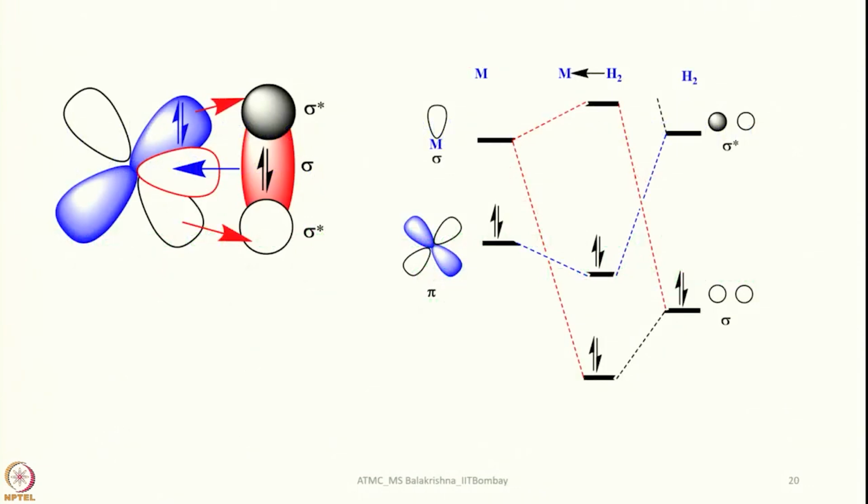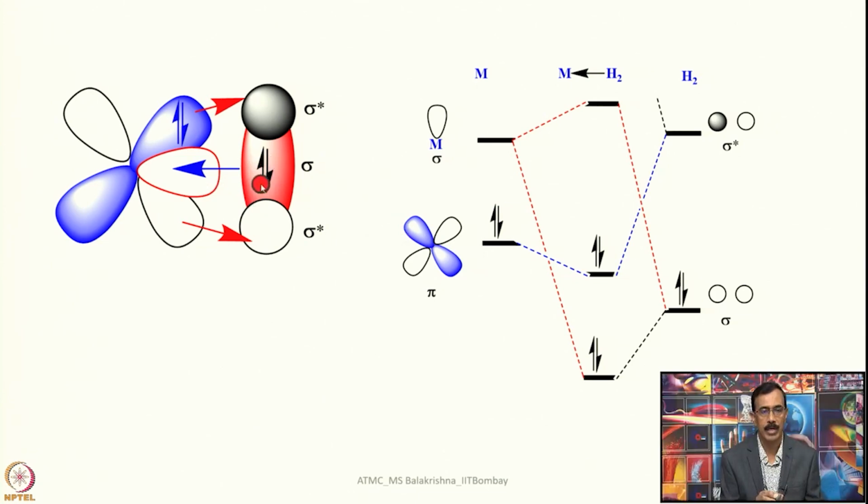Once again, to make it clear, you can see clearly here a pair of electrons going to the metal through sigma donation, and then the electrons present in its non-bonding or pi orbitals can be promoted to sigma star. In this MO diagram it is very clear, these 2 electrons are coming from the H2 molecule to the metal through sigma donation, this is the sigma bond, and then these electrons with pi symmetry go to sigma star, this is back bonding.